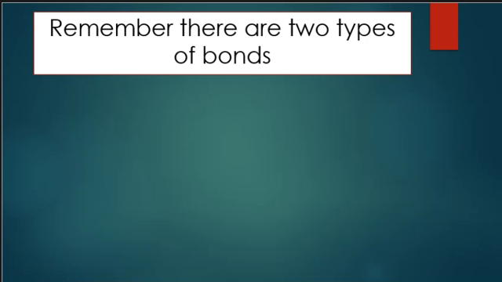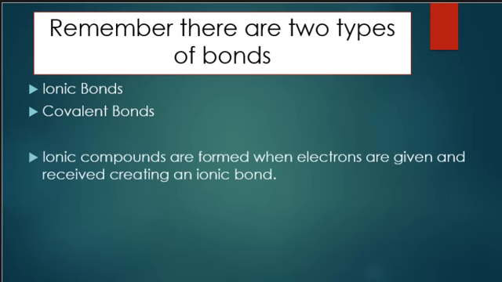Now, remember there are 2 types of bonds. This is all working towards something for the rest. The hard part of the module is coming up now, okay? So we know there are ionic bonds. What happens in ionic bonds? They release and give away. Thank you. Yes, electrons. Then there's covalent bonds. Electrons are given and received or taken, stolen or given away.